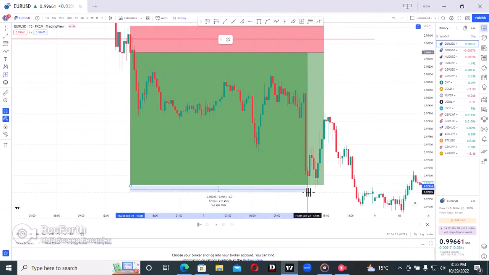Let me just check here how many bars there are until you won this trade. You can see 87 bars. You calculate the actual time that you are going to wait right here.